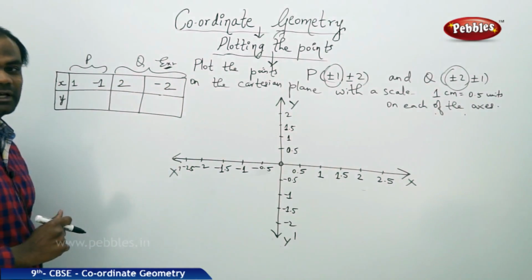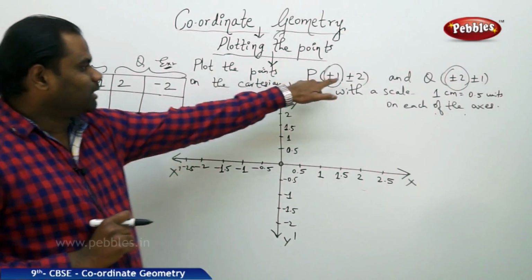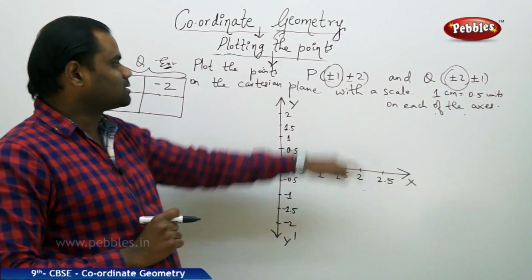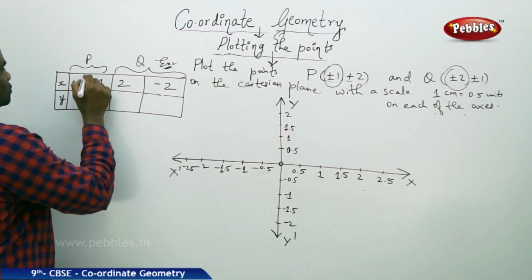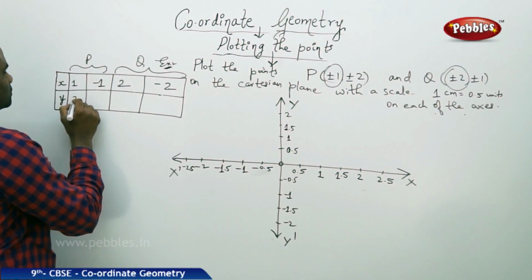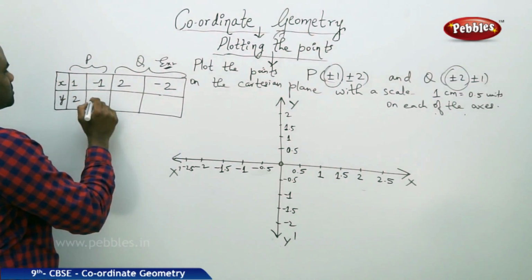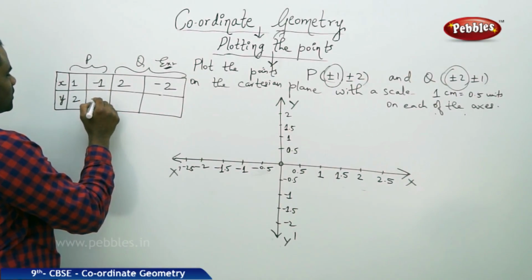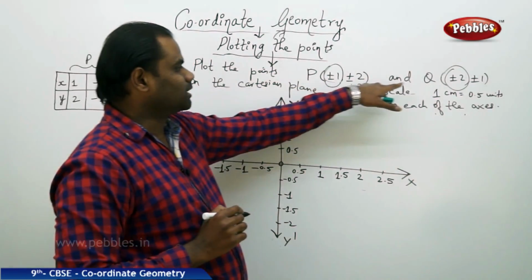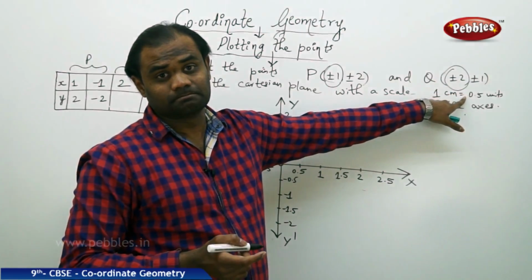Then X equals 1 implies Y equals 2, and X equals minus 1 implies Y equals minus 2, is how I understand this problem.